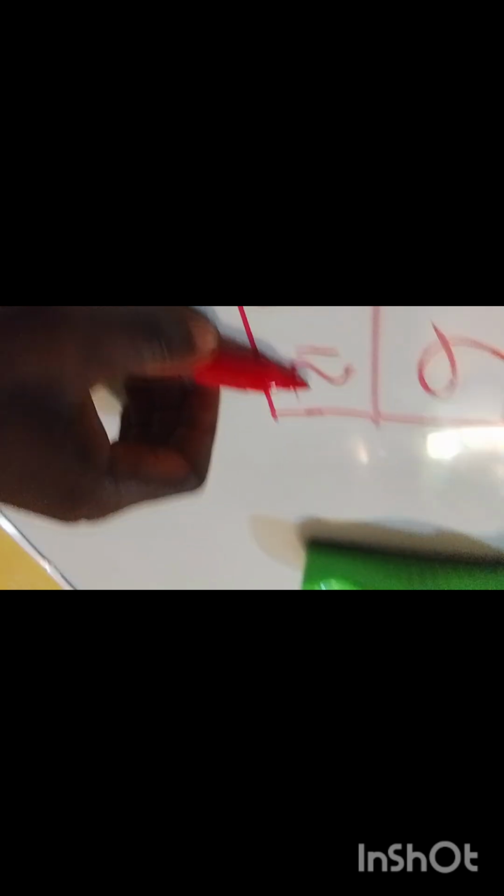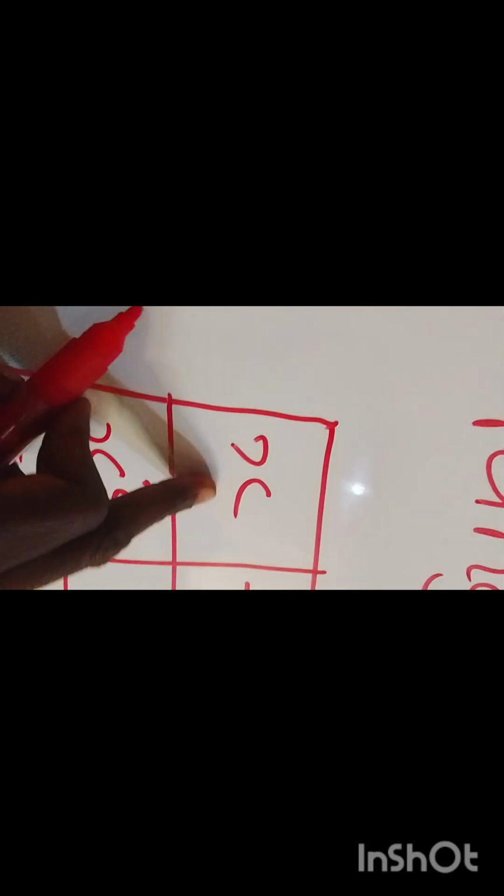We come back to our y. What is the last number in our y column? It is 12. So since we have 12, we say 2, 4, 6, 8, 10, 12. Now, what is the last number in our x column?